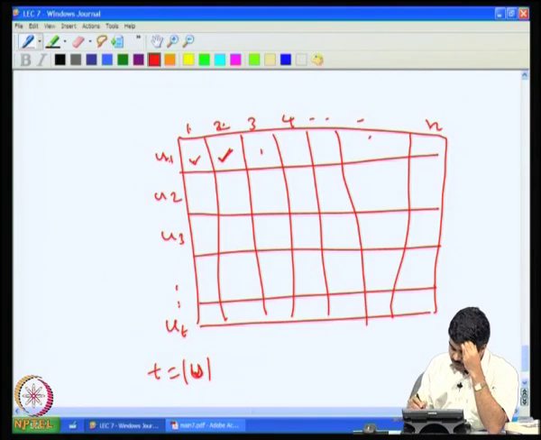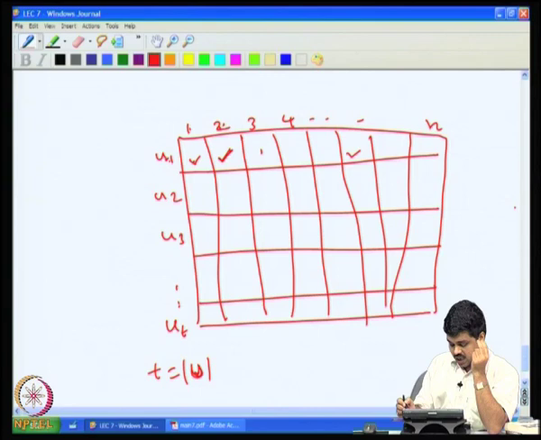How many ticks will come in a row? You know that minimum degree is k. So, a tick will come on each of those squares in the column corresponding to its neighbors, and also for itself. For instance, U1 may be here itself, it will come because U1 dominates itself. So, k+1 ticks definitely, at least, maybe more than that.